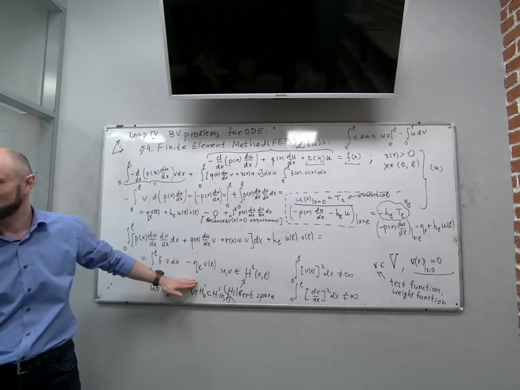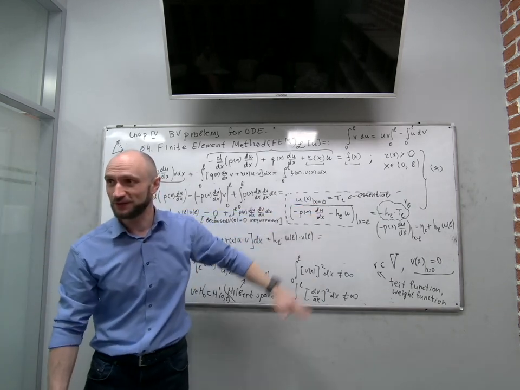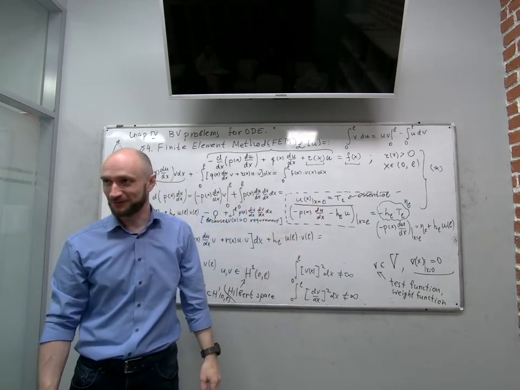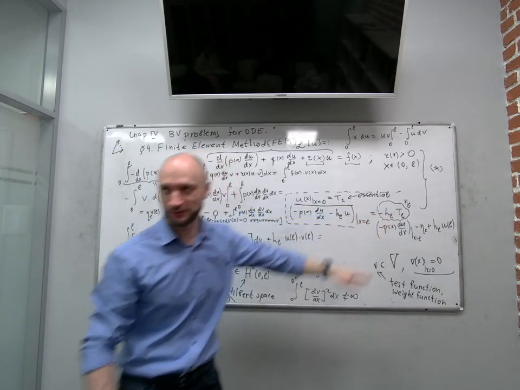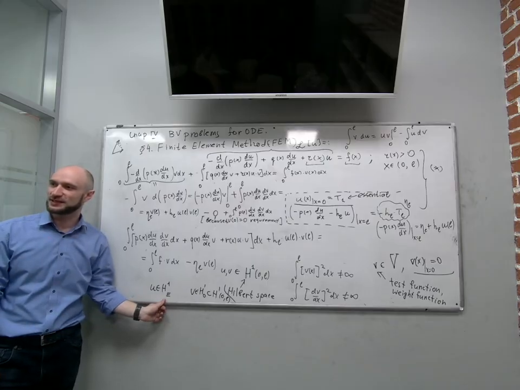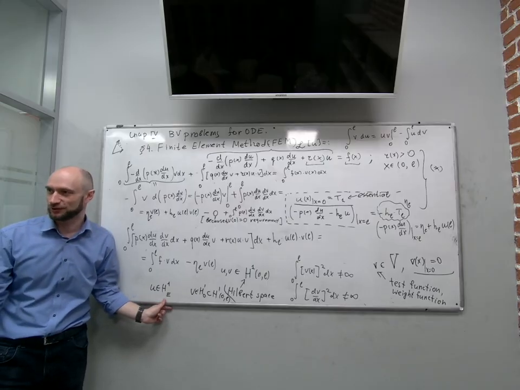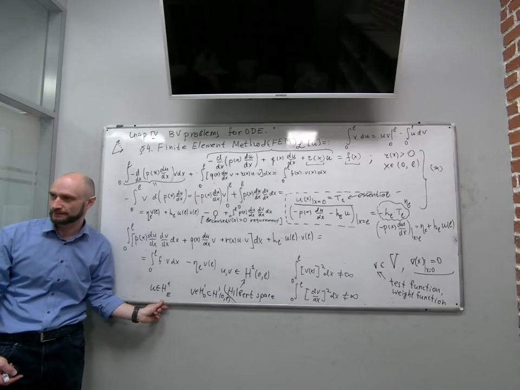Natural boundary condition. Okay? But we have to do something to satisfy the first condition. That's why it is called essential. And this is the Hilbert space of the functions that satisfy the essential condition. So our solution must belong to this space. Okay?